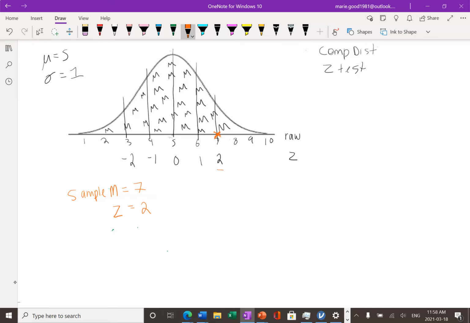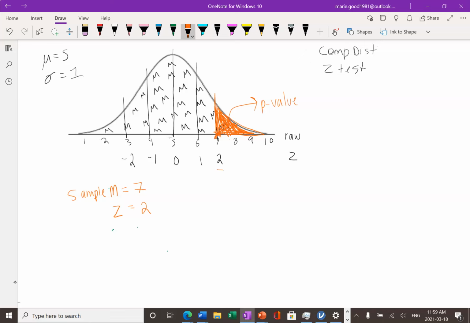Z-score of 2. The p-value for any situation is always the percent of scores that exceed the sample mean on the comparison distribution. So this area here in orange, if we went to look that up, that is the p-value.